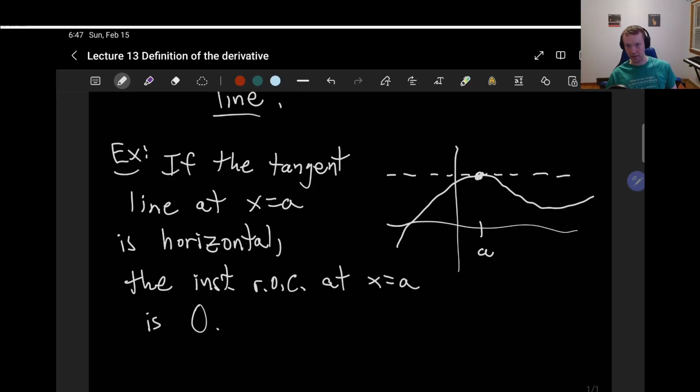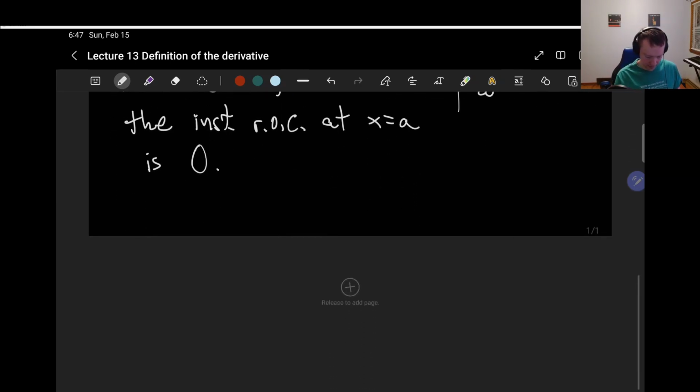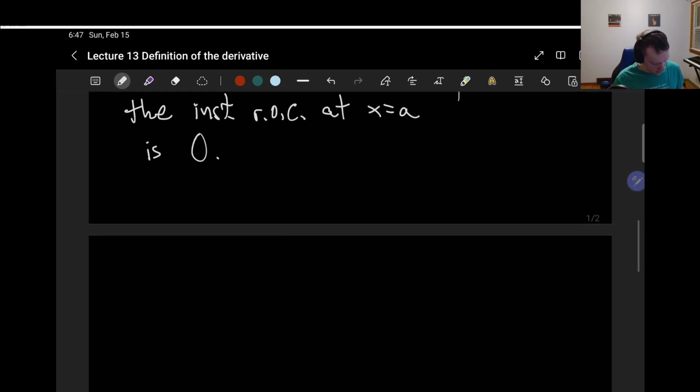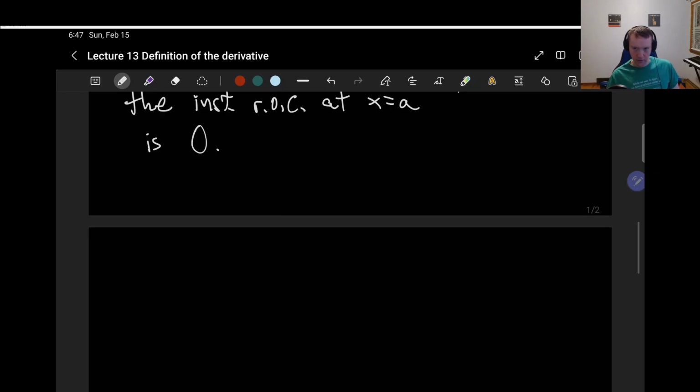And the reason is that the slope is the same thing as the instantaneous rate of change. The slope of a horizontal line is 0. So that's pretty much review. I didn't give the name of the tangent line last time, but that's what we were doing.